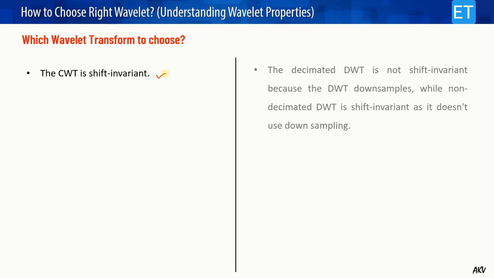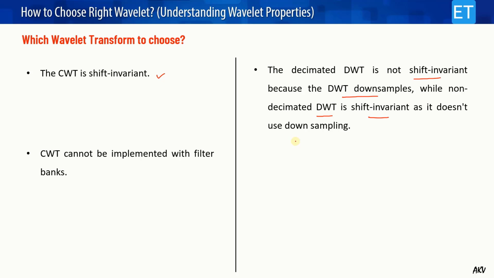That is one good thing about CWT. But the decimated DWT, such as MRA, is not shift invariant because we go for downsampling, while the non-decimated form such as MODWT is shift invariant because we do not downsample the coefficients.